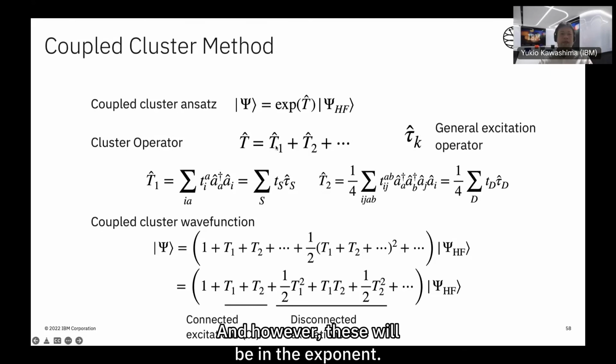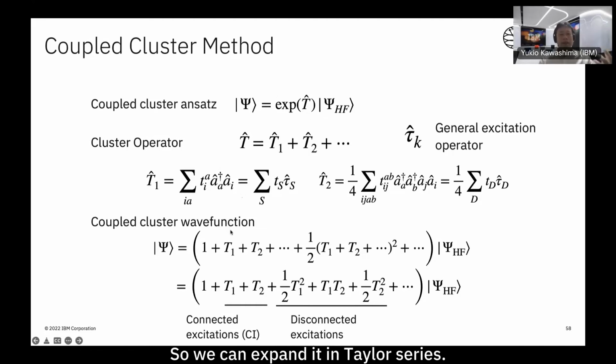However, these will be in the exponent. So what will happen if it's in the exponent? We can expand it in a Taylor series. So if we expand it, we have 1 plus T1 plus T2 plus up to Tn, and then the second order terms, and so on.